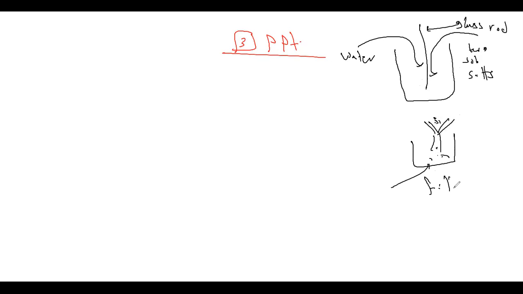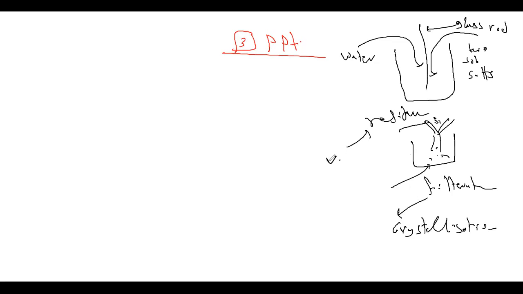We get filtrate and residue. If we need the crystals from the filtrate, we make crystallization. If we need the crystals from the residue, we wash and then dry.